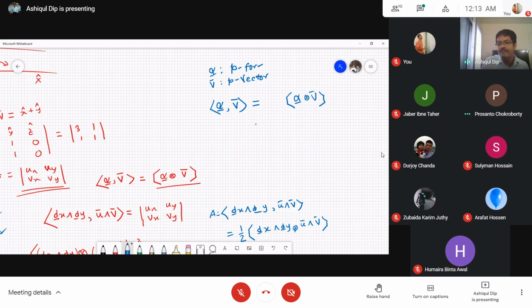So what should be the factor? As you can see, for a two form we had half. I think 1/p factorial. It should be 1/p factorial, exactly. So that's how we defined our piercing for an arbitrary p vector and p form, in such a way that it gives you the proper volume or proper area.